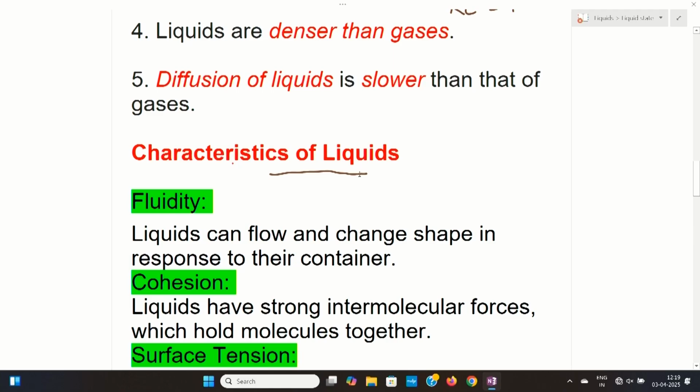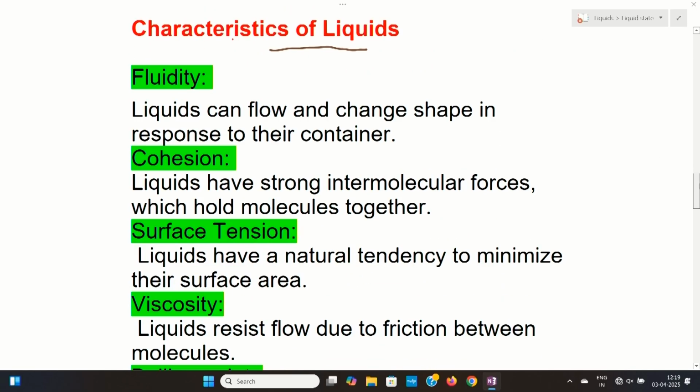All these characteristics are due to the special molecular arrangement of atoms in liquids. The first characteristic is fluidity. Fluidity is nothing but the property to flow.